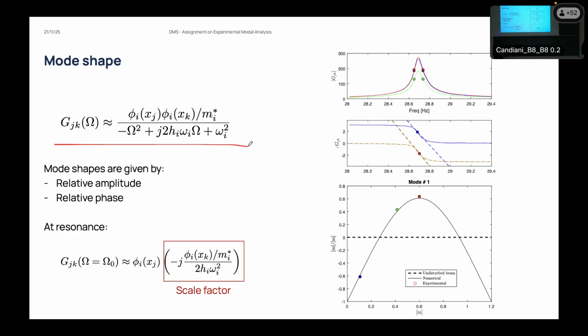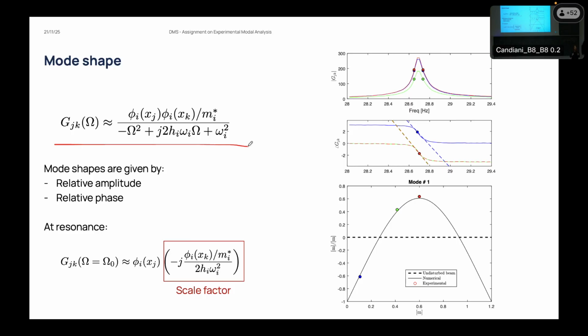Their ratio will give you information about the mode shape, because it will be the mode shape amplified by the same coefficient. But who cares about the coefficient? I mean, in practice, we are always displaying the mode shape by saying that the maximum is equal to 1. Or the normalization doesn't care. So computing the mode shapes implies extracting the imaginary part of the frequency response function computed in the resonance condition.